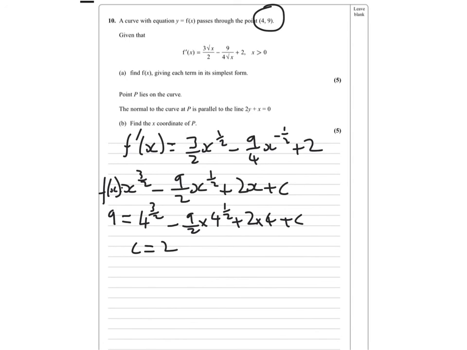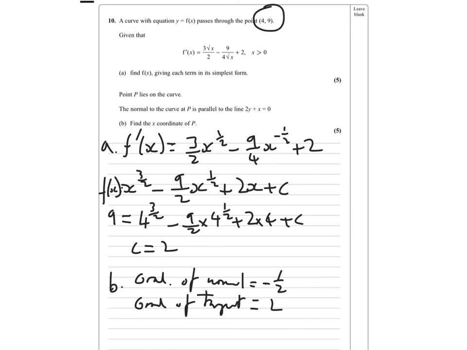Alright, and then for part B, so that was part A. Part B, if the equation of the normal, the gradient of the normal is minus a half from rearranging that. So therefore, the gradient of the tangent equals 2.